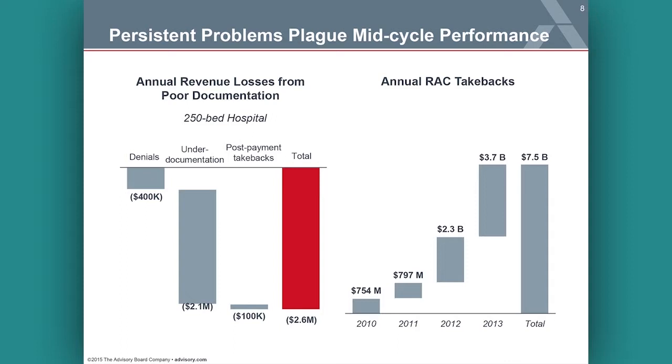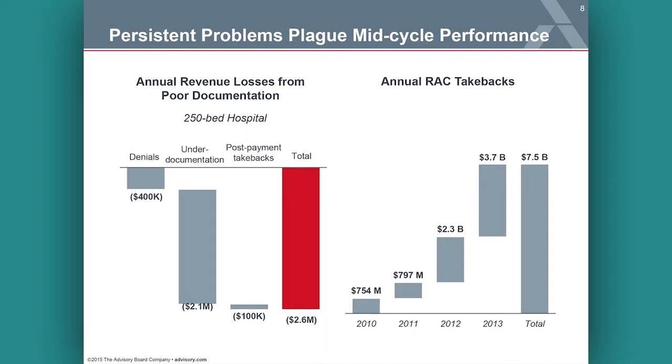And when you look at the different slice of the economic picture that John was talking about before, it's no question why that level of uncertainty and that inability to accurately have performance metrics is something that's concerning to our members. For those of you who listen in on advisory board presentations, you know we love this average 250-bed hospital that is everybody and nobody at the same time. But if you look at this average 250-bed hospital, they would be seeing about $400,000 in net denials write-offs every year just from documentation, not to mention front-end or technical denials.